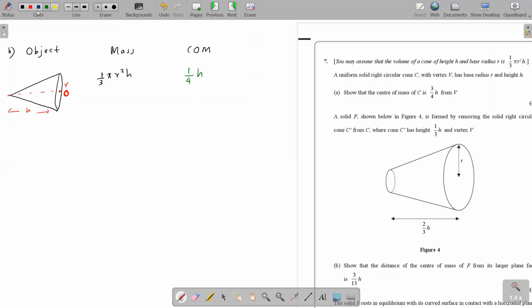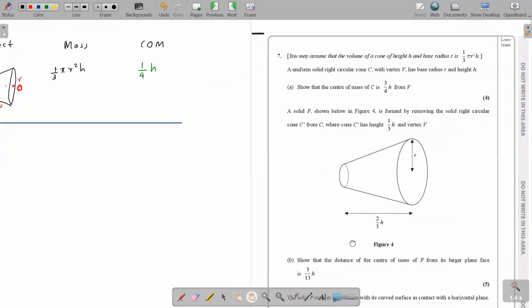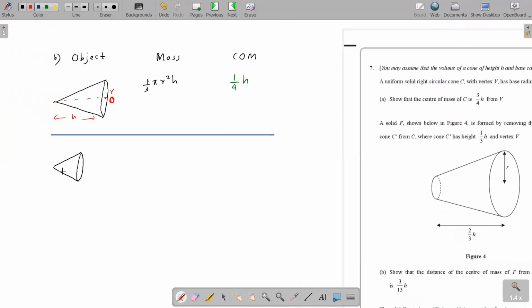Okay, so that's the first object. Now go for the second one. Yeah, so the second one, we go for the smaller cone. The cone that we remove. Okay, so they tell you that they are removing a cone of what? Height 1 over 3h. So height is 1 over 3h.